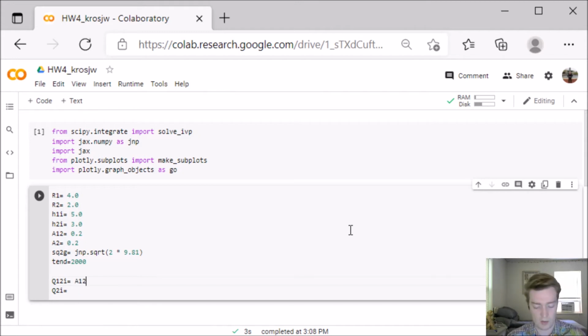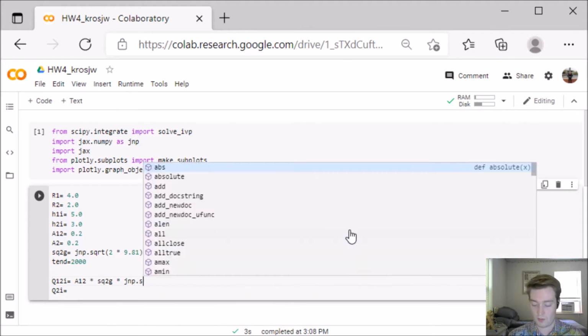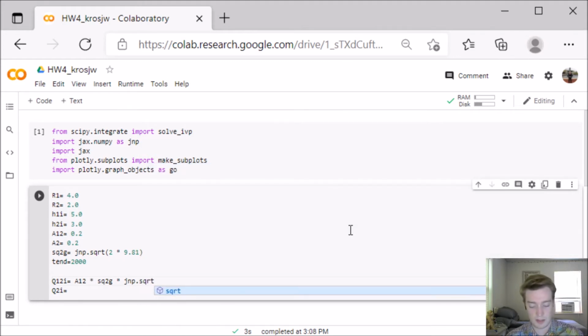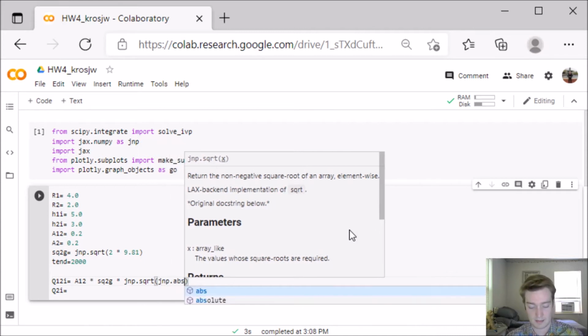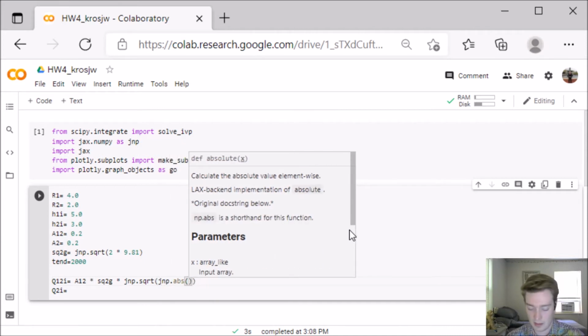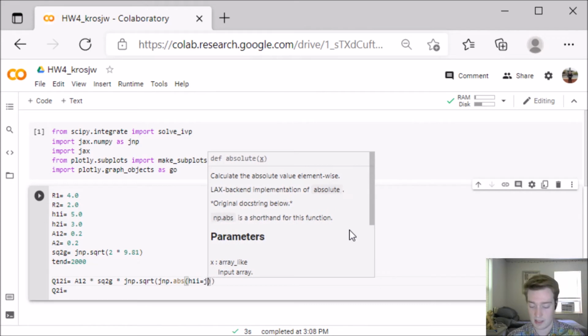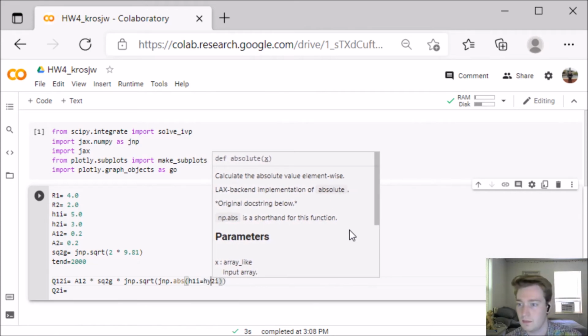So this was A12 times SQ2G times the square root of the absolute value of H1 initial minus H2 initial.